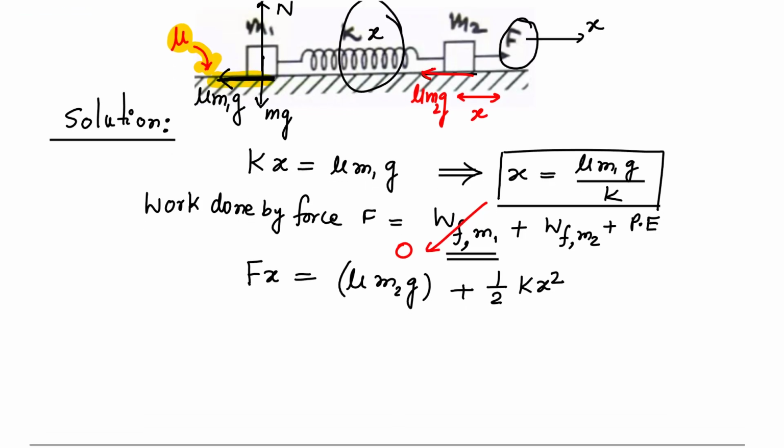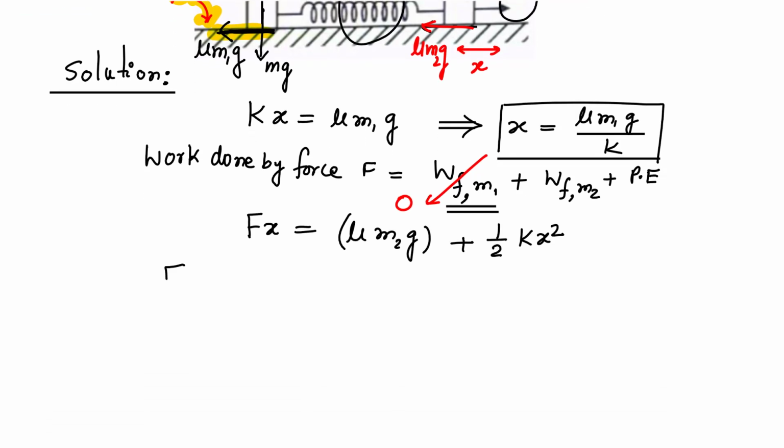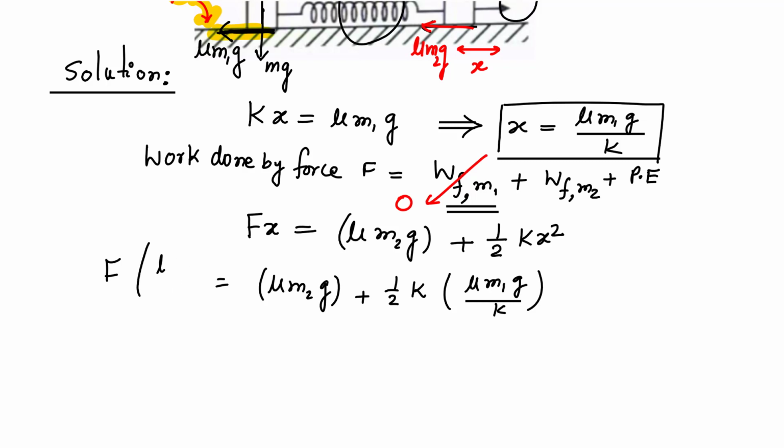But I know the value of x. So if you plug in the value of x, we can write Fx is equal to mu m2g x plus half k x square, and x we can plug in both cases. So x is mu m1g by k. Basically I missed one x here, so this will be force times distance. So in that case I can cancel one x throughout.